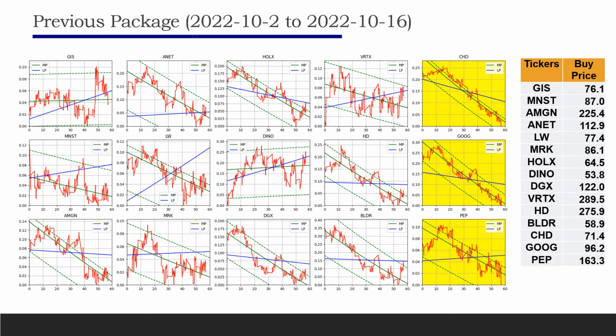Yes, now let's check the package that has been selected by this tool for the next 2 weeks. This is the new package, and these are the list of the tickers of this package, which has been selected for the next 2 weeks, from the 2nd of October until 16th of October.